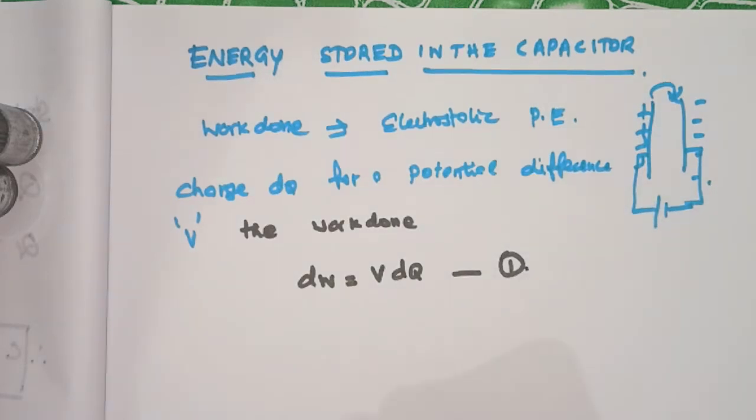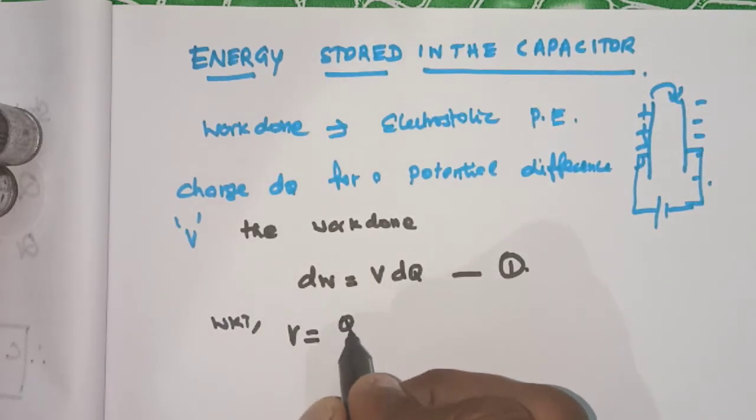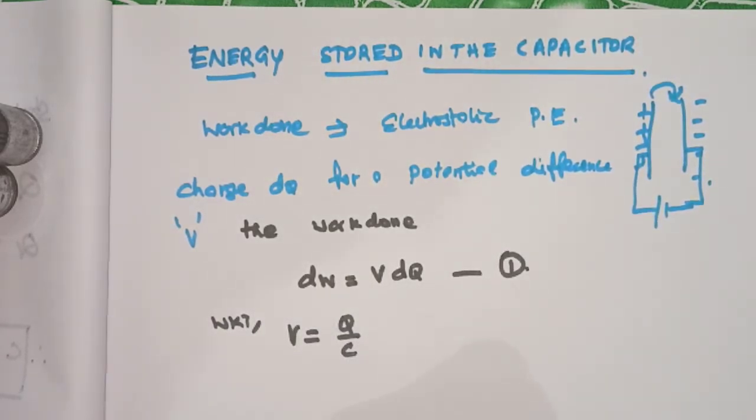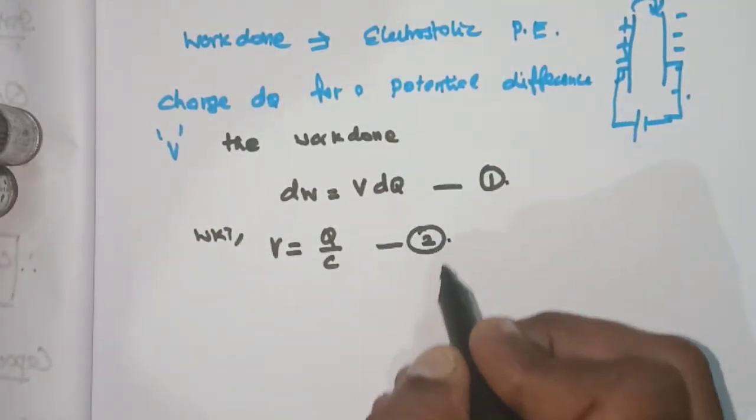I am taking this as equation number 1. We know that V equals Q by C. I am taking this as equation number 2.